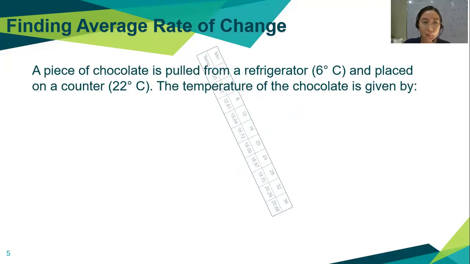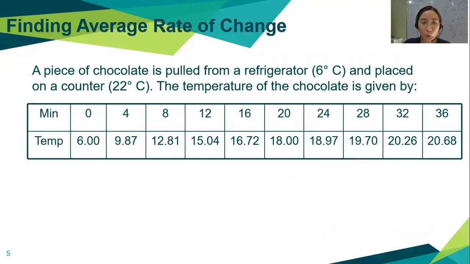So for example, a piece of chocolate is pulled from a refrigerator at 6 degrees centigrade and placed on a counter at 22 degrees centigrade. The temperature of the chocolate is given as a function of time in minutes, from 0 to 36 minutes.